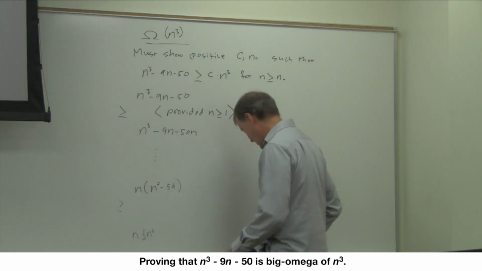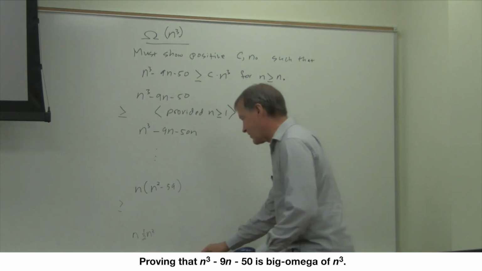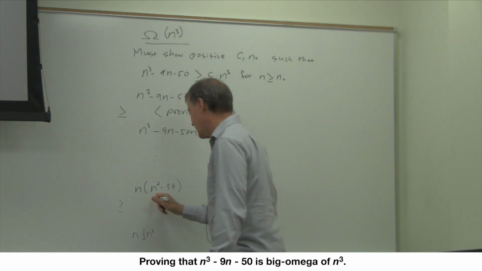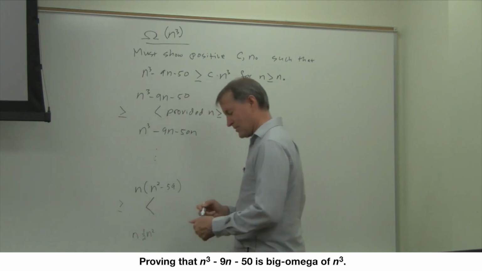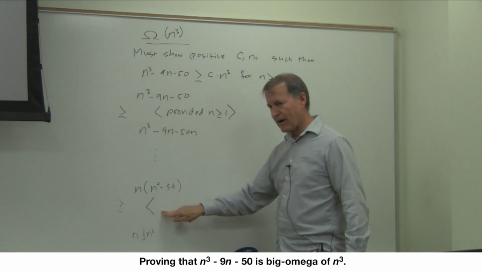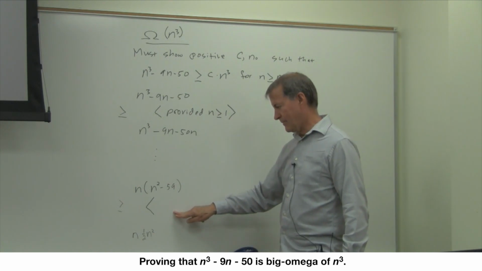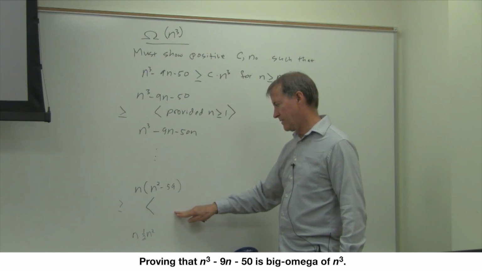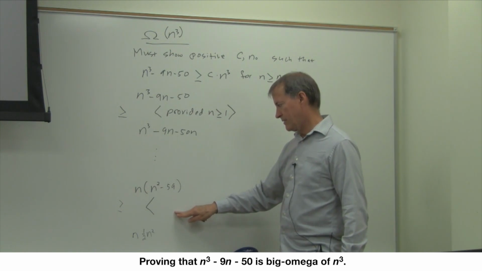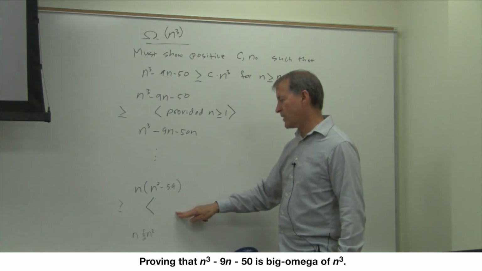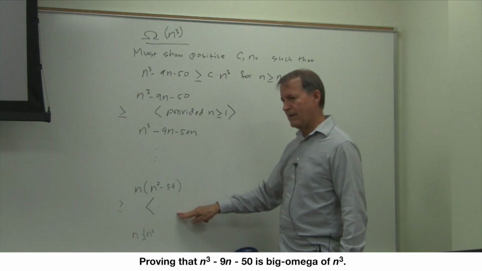Okay, so that's what you put in your hint. What do you say in your hint? Provided that n squared minus 59 is greater than or equal to a half n squared.